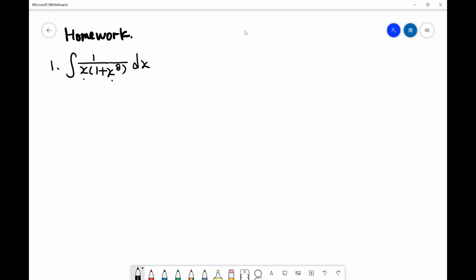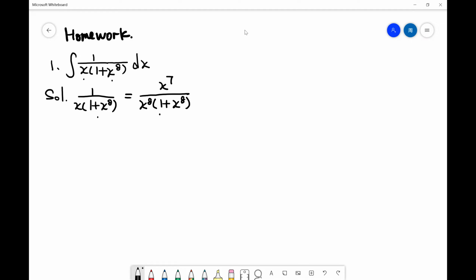Step one, we have to treat the integrand first. 1 by x times 1 plus x power 8 equals, if I want the denominator to be x power 8 times 1 plus x power 8, then to keep these two equivalent, the numerator should be x power 7.